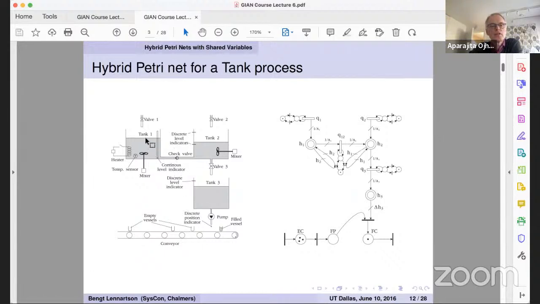And this is a tank system with 3 tanks, and also a conveyor belt here with some vessels that we should fill by a pump here. I will not explain the details of this, but it's just to show that it's possible to extend Petri nets to include also continuous time dynamics.